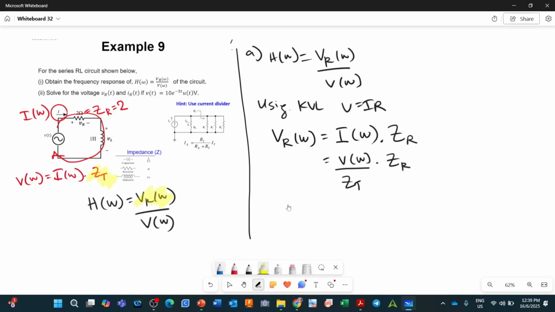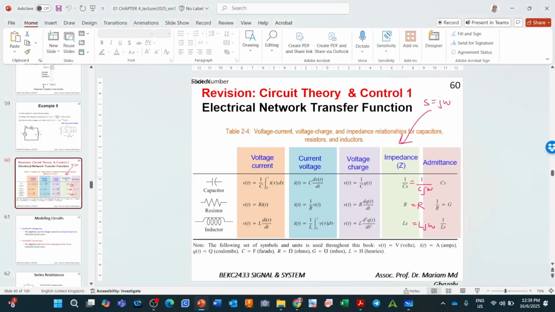So ZT is equal to ZR plus ZL, since we have only resistance and inductance. ZR is the value 2, plus ZL. If you have inductance LS, in terms of Fourier transform, it is L J omega.